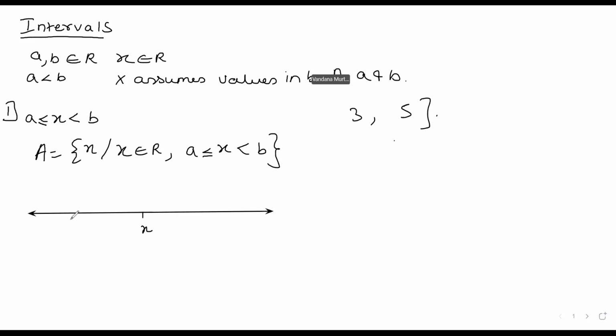It is here, it is assuming A, but it is not assuming B. और यहाँ पे ये open hollow circle रहेगा.